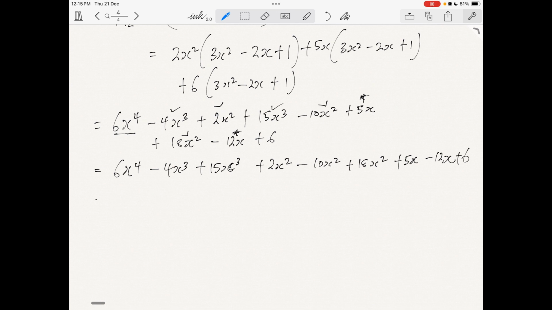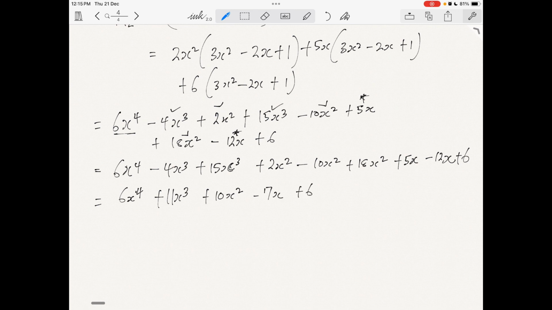So this gives us 6x raised to power 4, minus 4 plus 15 will give us plus 11x raised to power 3, and plus 2 minus 10 plus 18 gives plus 10x squared. 5x minus 12x will give us minus 7x plus 6.